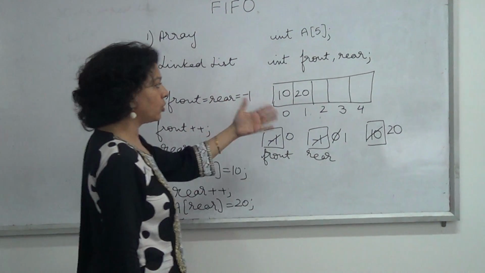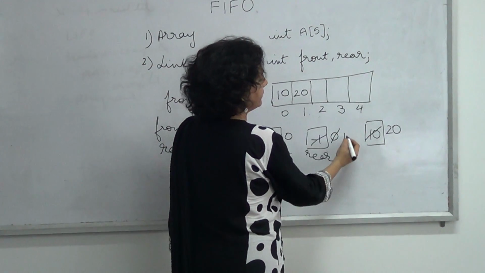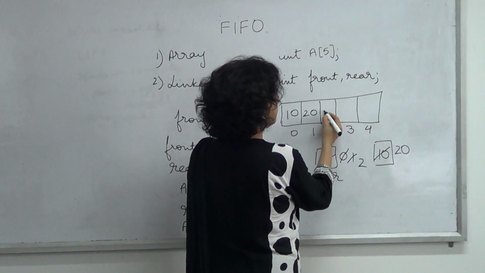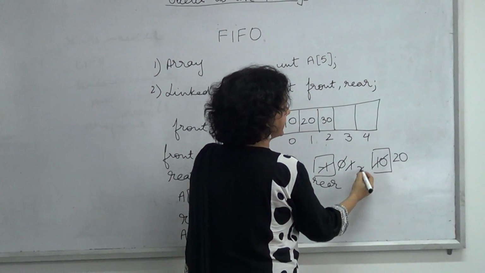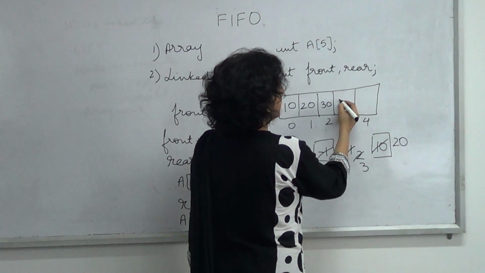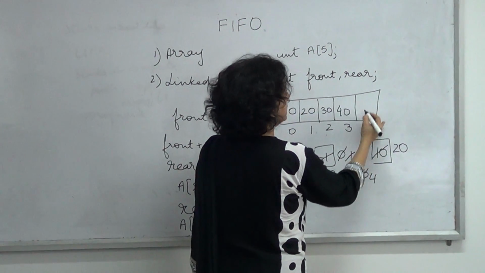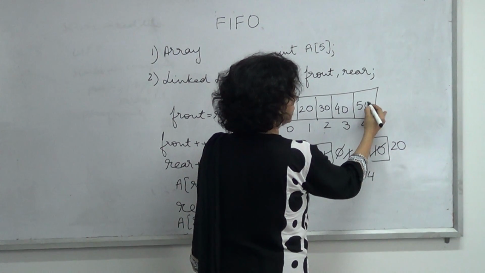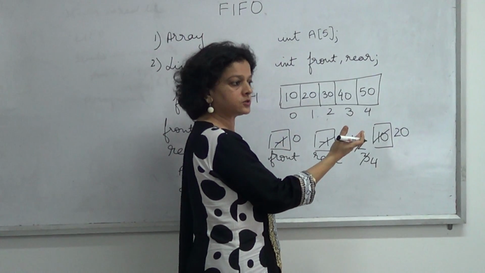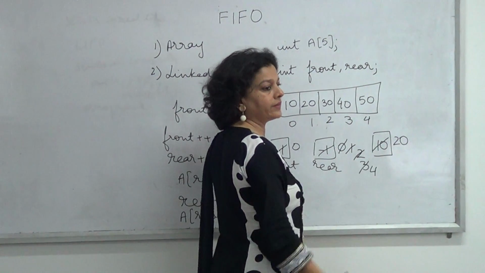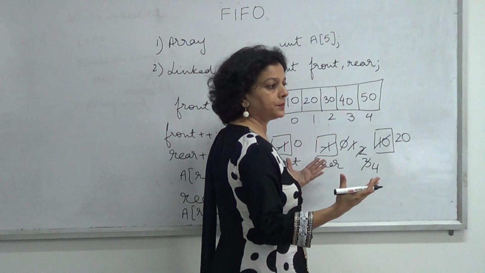Similarly, I can add more and more elements to the queue. I will increase my rear by 1 and add 30. Again, I can increment my rear by 1 and add 40. Again, if I increment my rear, I can add one more element. Now you can see my array is full. Suppose I want to add one more element, then what will happen?